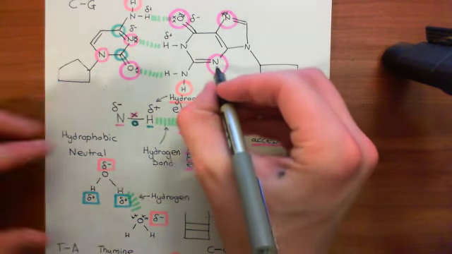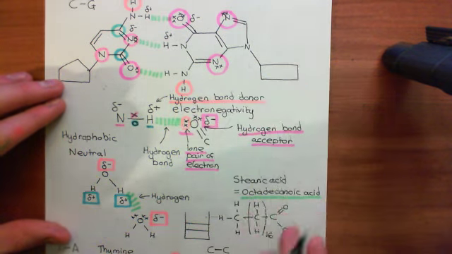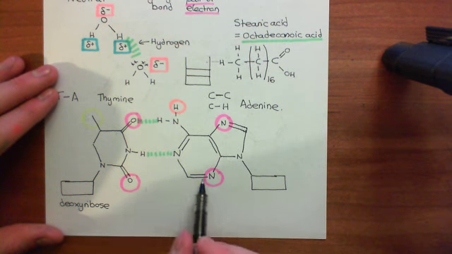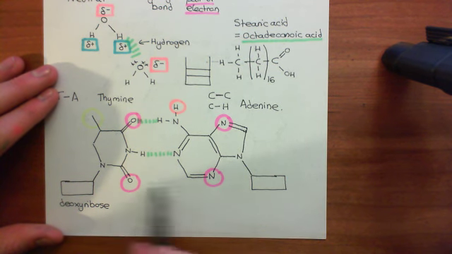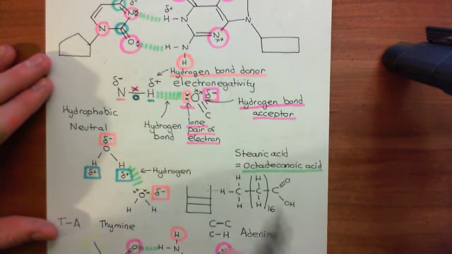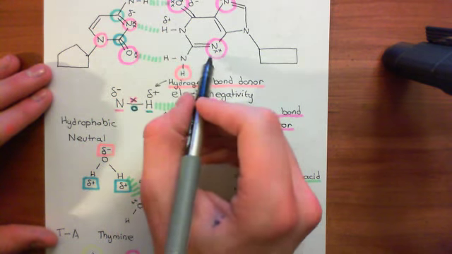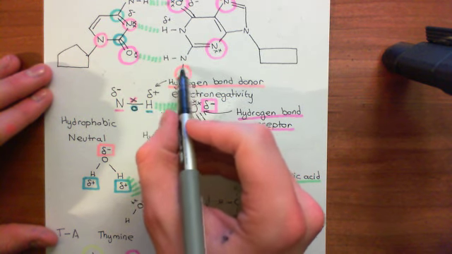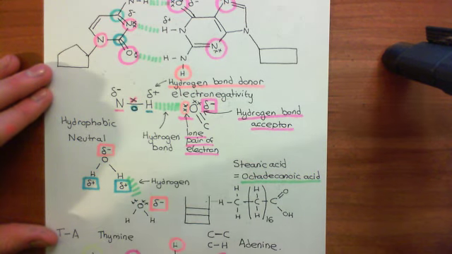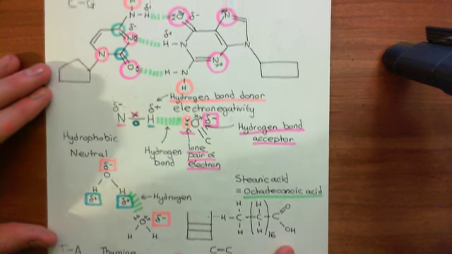That nitrogen here was a hydrogen bond acceptor as well. Now, if we draw the parallels here, these two hydrogen bond acceptors on the thymine and adenine were the same on the cytosine and guanine. We've lost this hydrogen bond donor here, but that's all that's changed. So they've got very similar minor groove appearances.